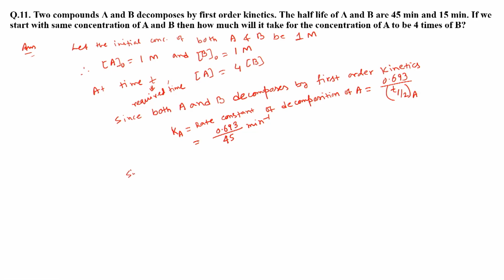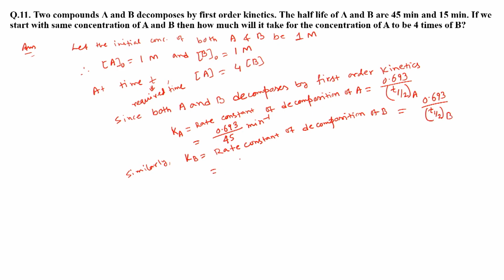Similarly, if we consider Kb as the rate constant of decomposition of B, then Kb is again 0.693 by T half of B, right.